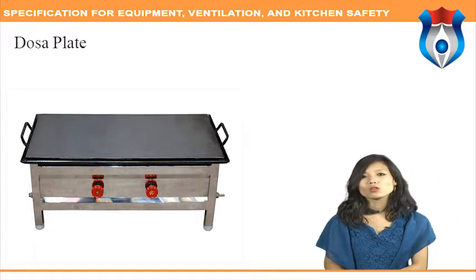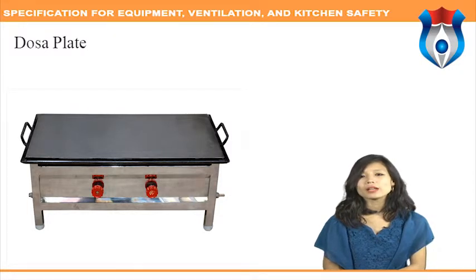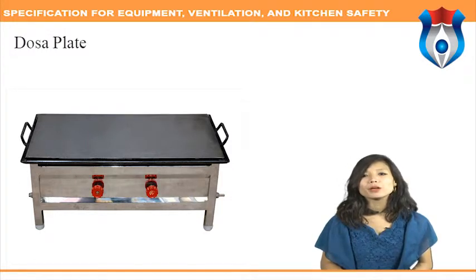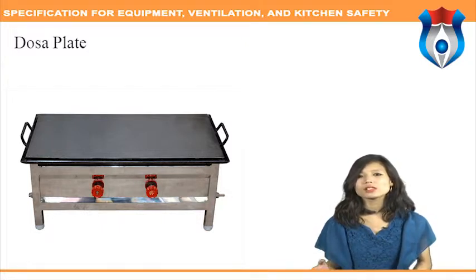The splashback on all three sides of the dosa plate avoids splash of oil or batter. For uniform heat distribution, a V-shaped burner is placed. This unit is available in electric or gas. It is custom built in size to prepare a minimum of 2 to 3 dosas to 8 to 10 dosas at a time.